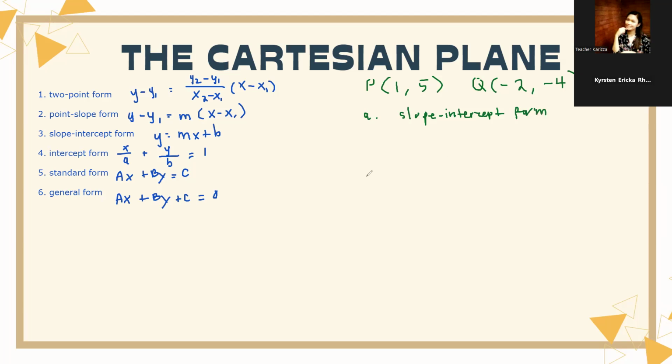And then number 2, solve for its 2-point form. Okay, so just like we demoed earlier. So this is number 1. And then number 2, you have pen and paper, right? Given a line passes through (1/2, 1/3).